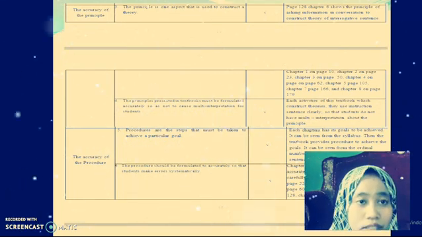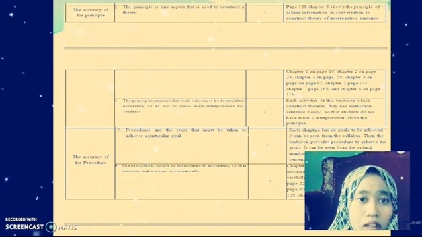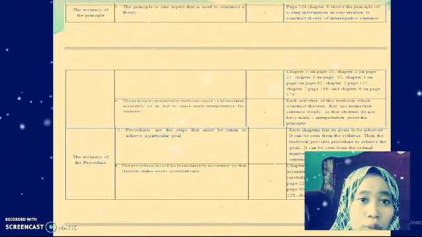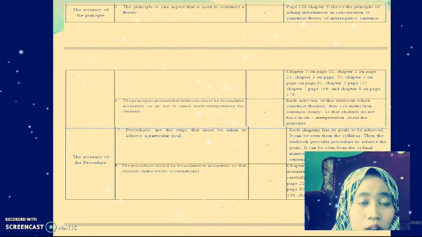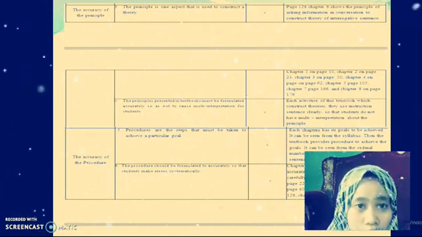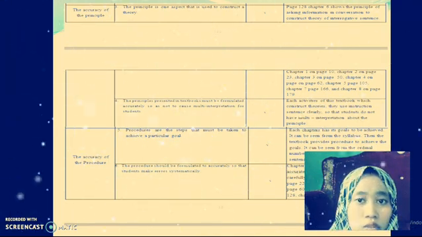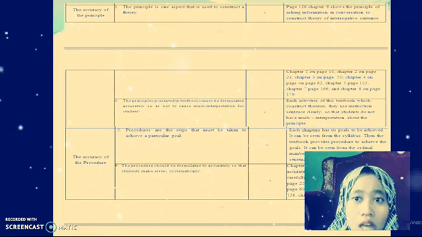And the second point is the accuracy of the principle, which is divided into several indicators. The first indicator is that the principle is one aspect that is used to construct a theory.